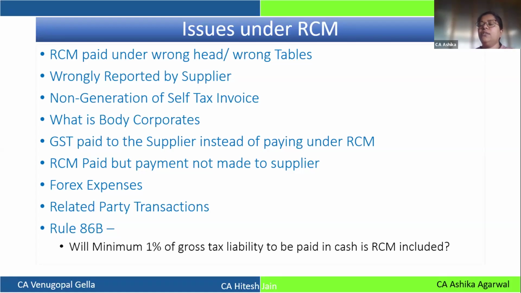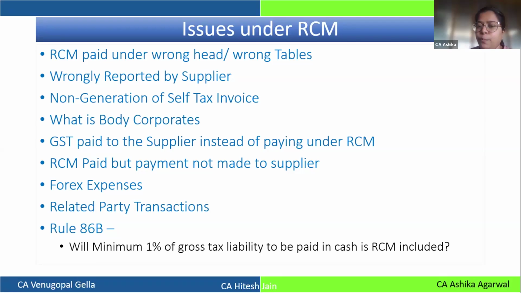Now, second scenario is no liability is going to arise under the head you have paid. So you can, while filing GSTR 9C, even though you paid under the wrong head, tax has been paid, take care of the same by showing it as an outward liability under CGST and SGST, which can be adjusted with RCM wrongly paid under IGST.